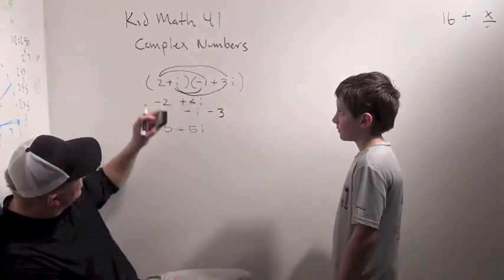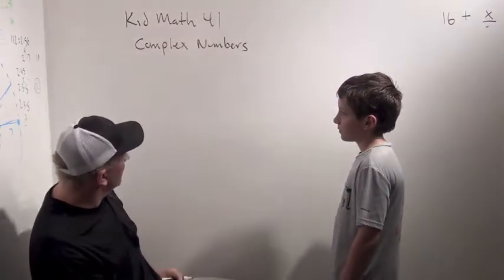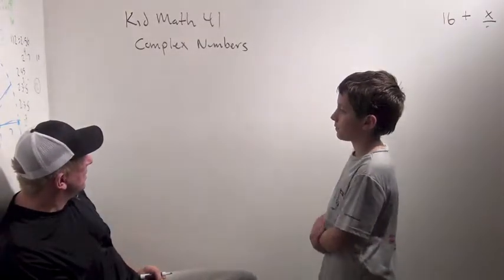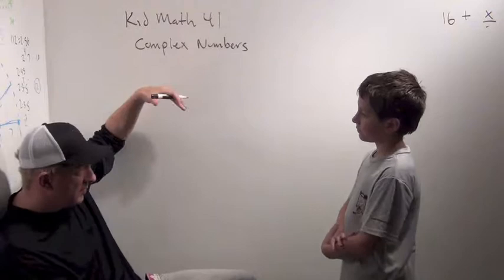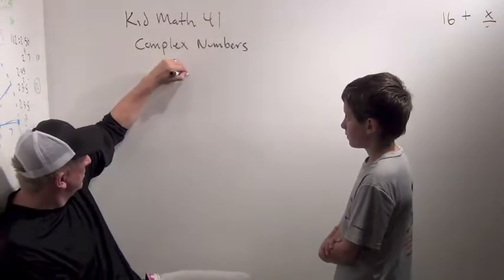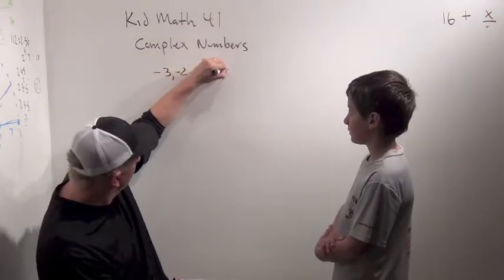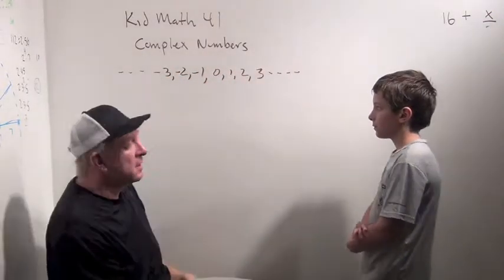And one thing I was just mentioning that I thought, what the heck, let's talk about this, is people study complex numbers, and there's an equivalent to integers. Remember, our integers are like minus 3, minus 2, minus 1, 0, 1, 2, 3, dot dot dot.